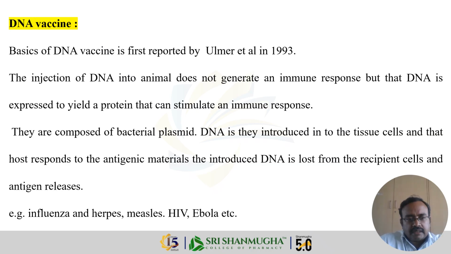They are composed of bacterial plasmid. The DNA is introduced into the tissue cells of the host, which respond to the antigenic material, and the antigen is released. Examples of DNA vaccines are influenza, herpes, measles, HIV, and Ebola.